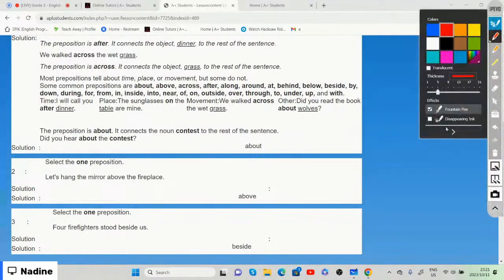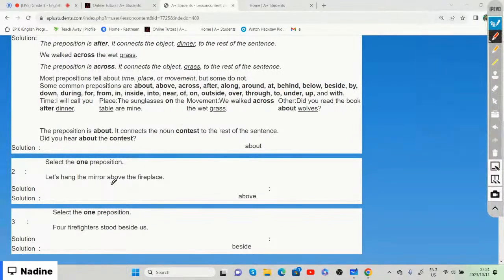And then you can say above the fireplace. So above is our preposition and fireplace is our object.